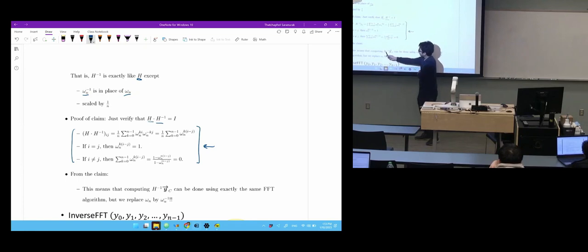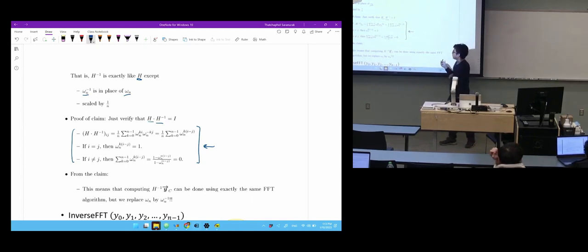To multiply some vector by H inverse can be done exactly the same as in FFT.